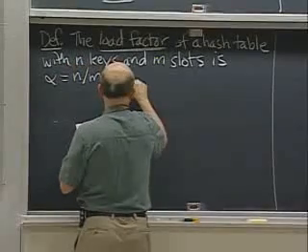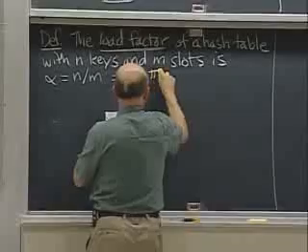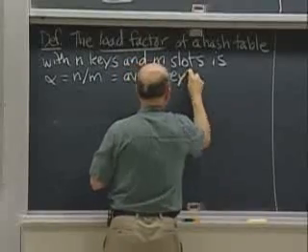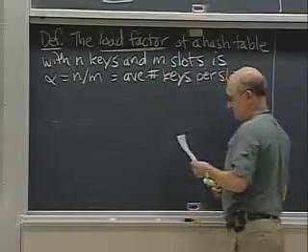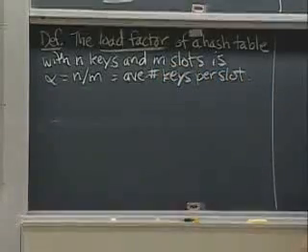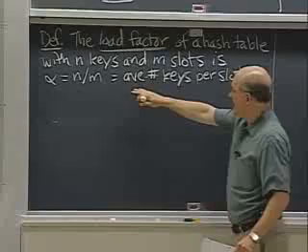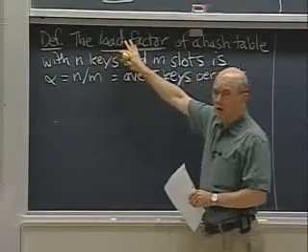Which is also, if you think about it, just the average number of keys per slot. So alpha is the average number of keys per slot, and we call it the load factor of the table.